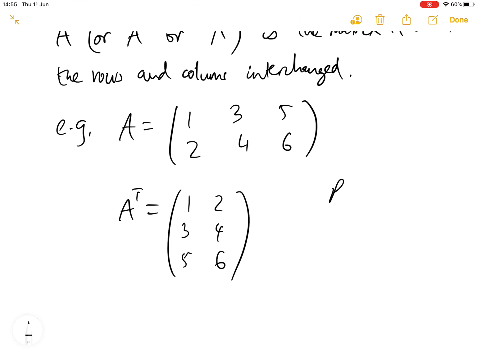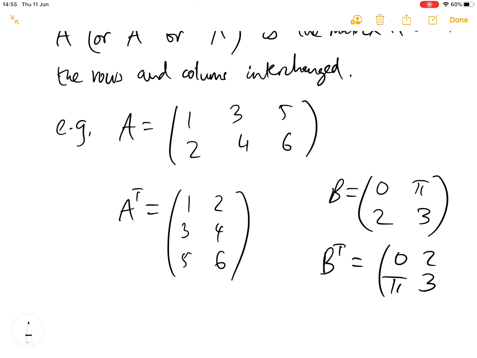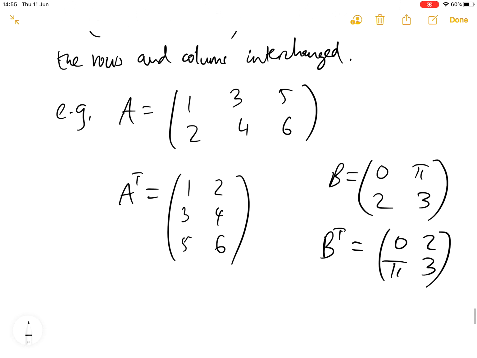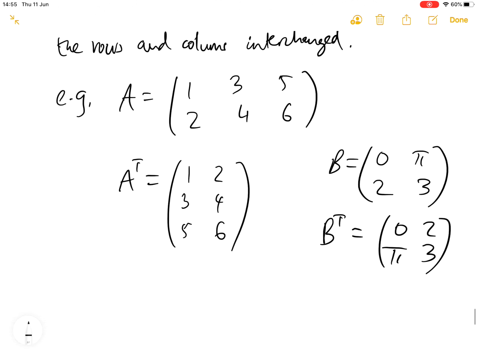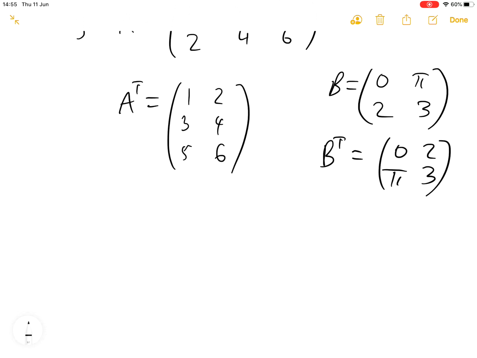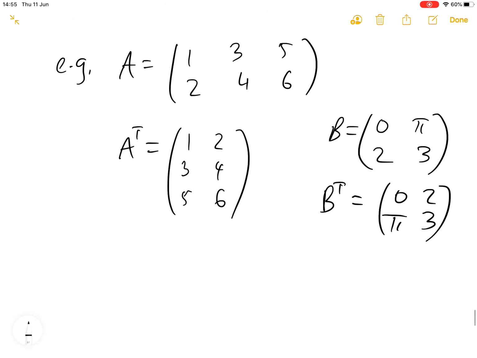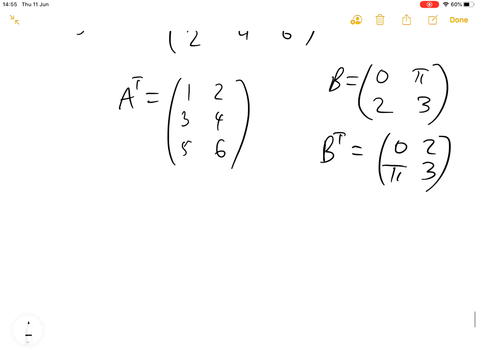And similarly, if B is 0, pi, 2, 3, then B transpose is 0, 2, pi, 3. You just swap the rows and columns. Whatever was the first row becomes the first column, and so on. So that's the transpose of a matrix, which we're going to need in the process for finding a 3 by 3 inverse.